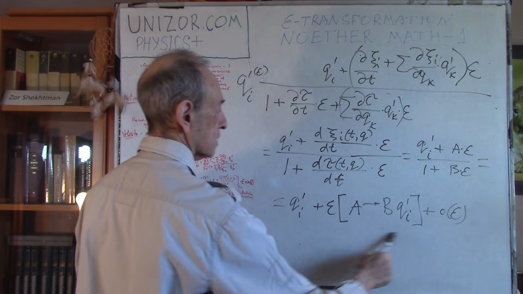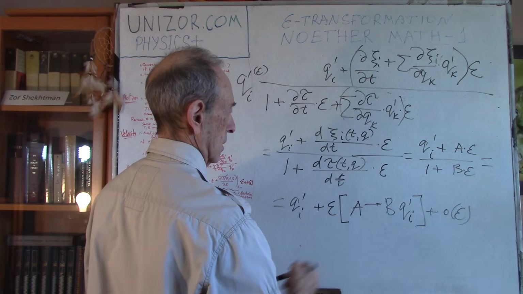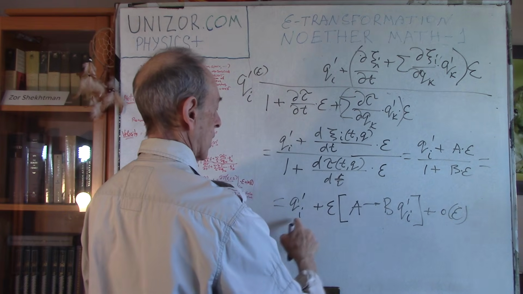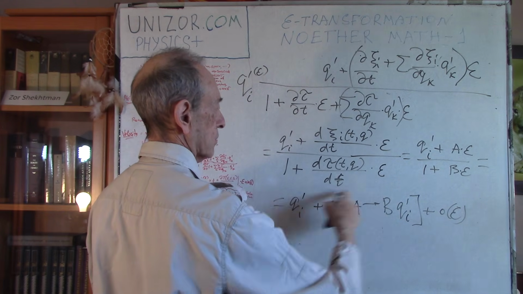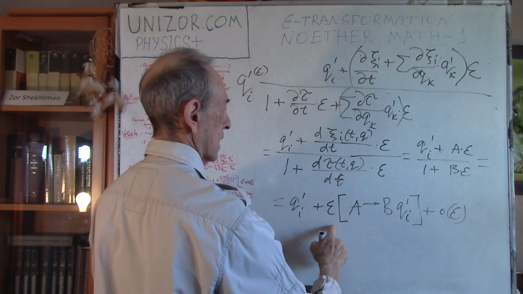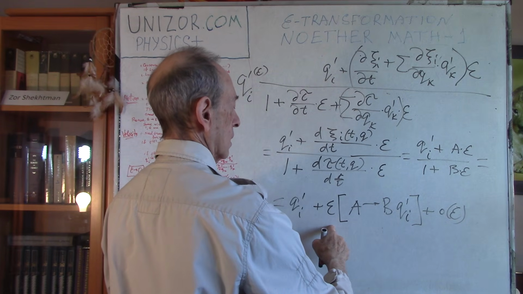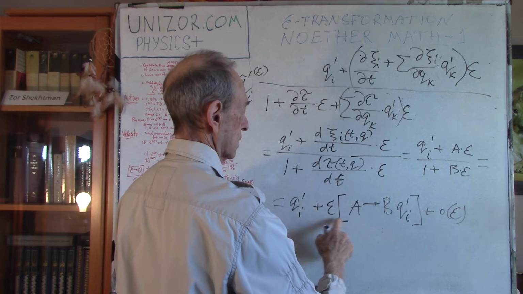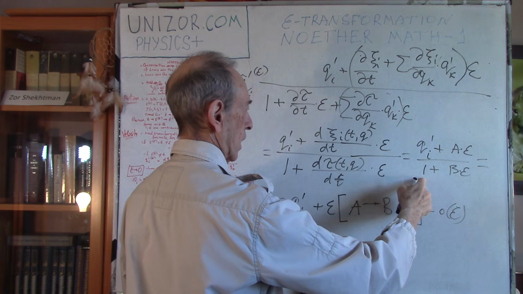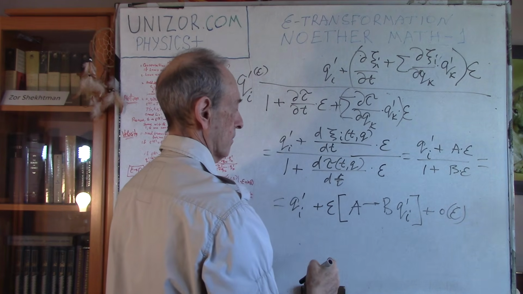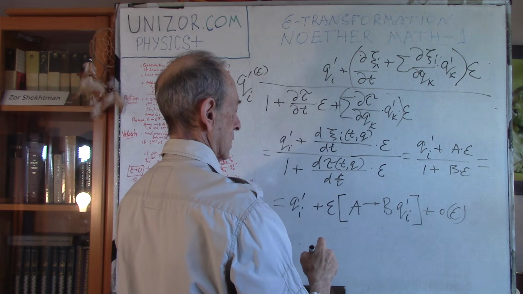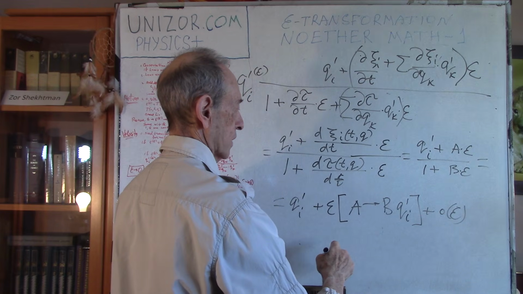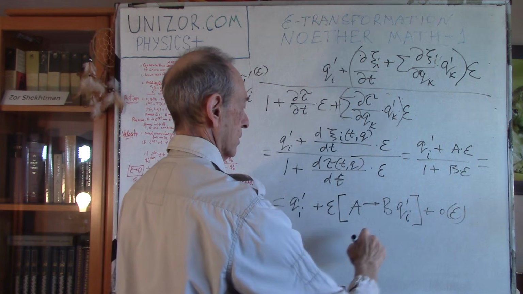Why? Well, if you will multiply this by 1 plus b epsilon, what would be? qi prime times 1 would be qi. Then it would be epsilon times a times 1 would be a times epsilon. Now we will multiply the whole thing by b epsilon.